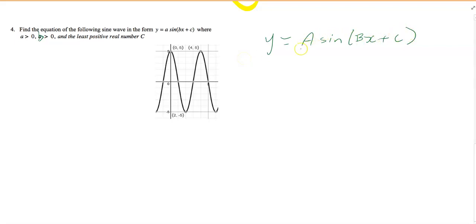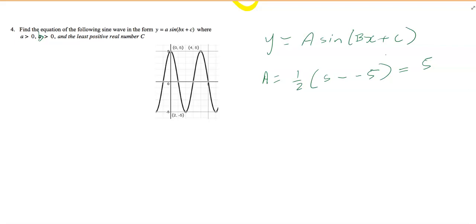First, we want to find our amplitude. Our amplitude is one half of the highest number, which is 5, minus the lowest number on the function, which is negative 5. That's one half of 10, so our amplitude is 5.